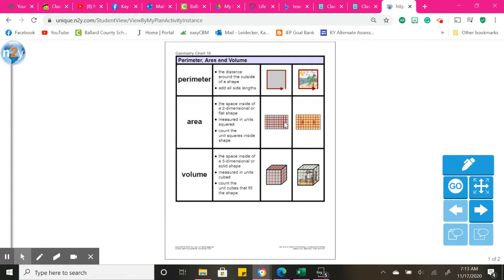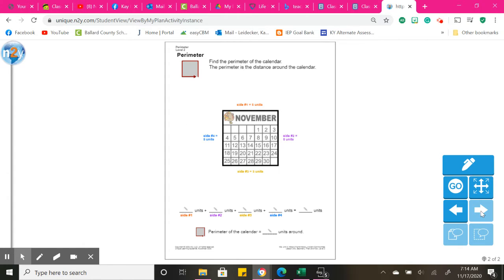It's measured in units squared, everything inside of that shape. And then volume deals with three-dimensional objects measured in units cubed. So you would count the cubes that fill the shape. Perimeter, all the way around. Area is everything inside, and then volume is the cubes that fill this three-dimensional shape.